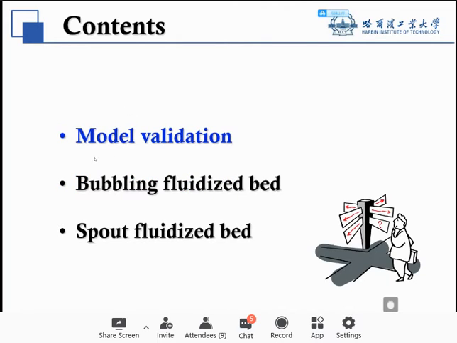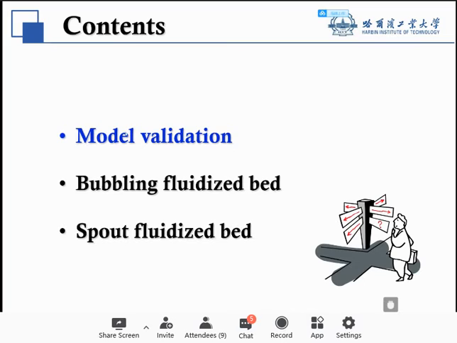I introduce my results in three parts. The first part is model validation, and the second and third parts are the bubbling fluidized bed and the spouted fluidized bed, because I did some simulation of the wet particle drying process in bubbling and spouted fluidized beds.